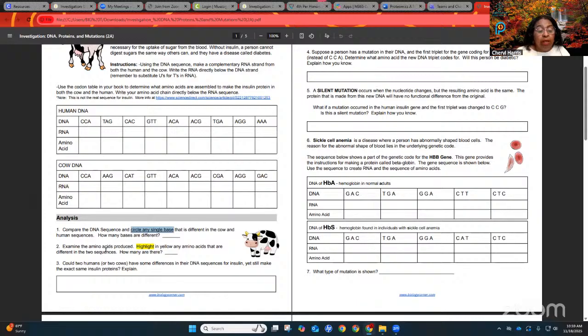Then you want to examine the amino acid rows and see how many times the amino acid is different. And you're going to highlight it, and then write down how many times you highlighted.